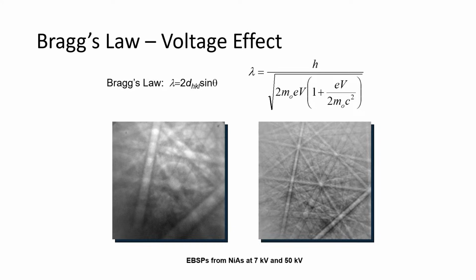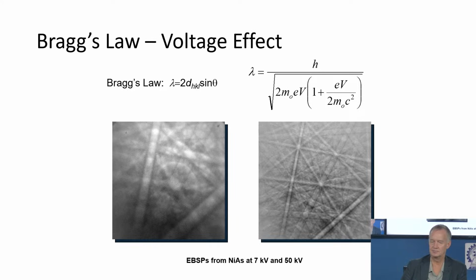Now, if we change the voltage, we have Planck's law here, where you use Planck's constant, and we say the wavelength is proportional to the energy through Planck's constant. So this is a pattern from the exact same spot on the crystal, so this zone axis is the same as this zone axis.